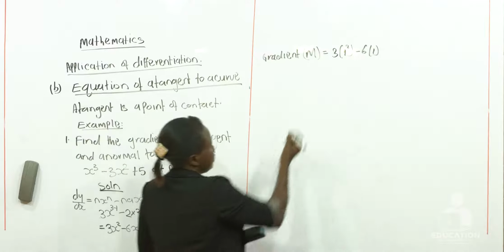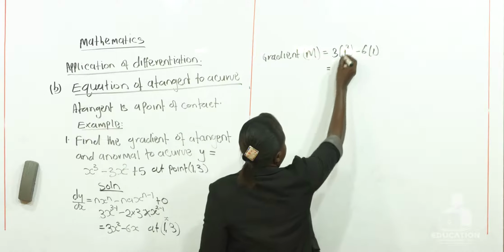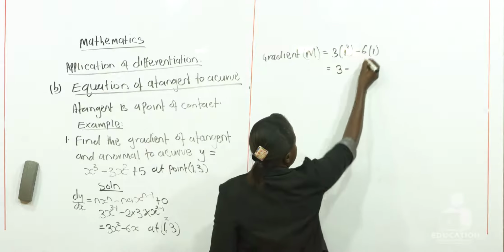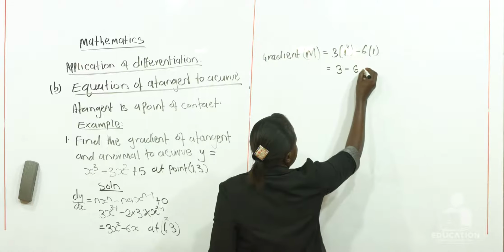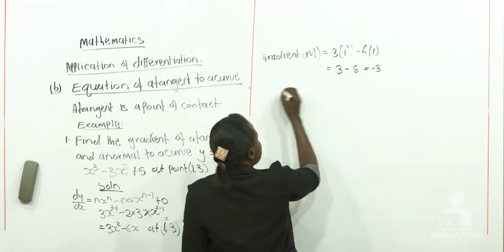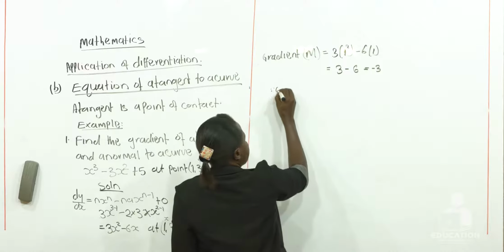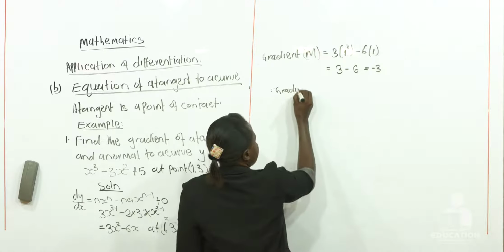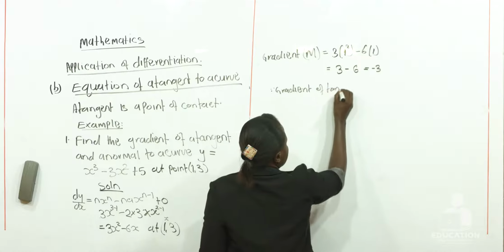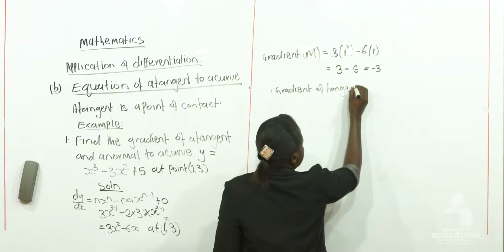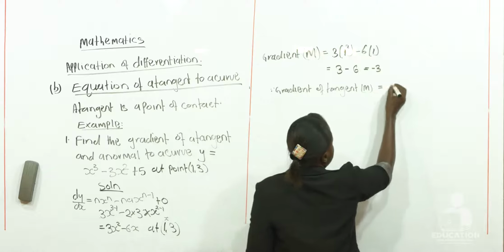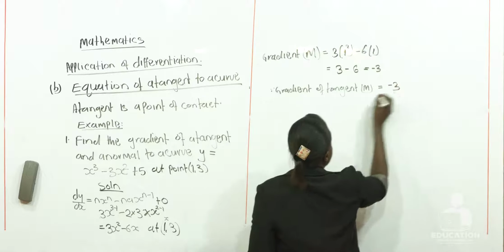Then 1 squared gives us 1, times 3 we get 3, minus 6. So the gradient equals negative 3. Therefore, the gradient of a tangent, which is m, equals negative 3.